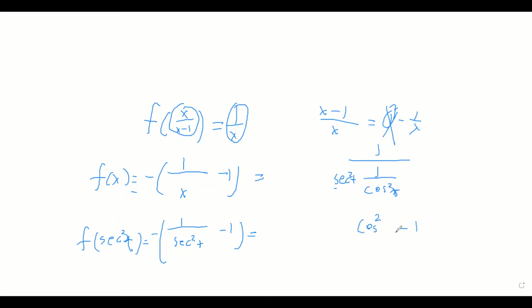If you minus 1 from that, you will get negative sine square, because cosine square plus sine square is equal to 1. So this 1 becomes cosine square plus sine square, so you have cosine square minus cosine square minus sine square. These cancel out, and you'll be left with negative sine square. Then the negative of negative sine square is sine square. So the answer is sine square.